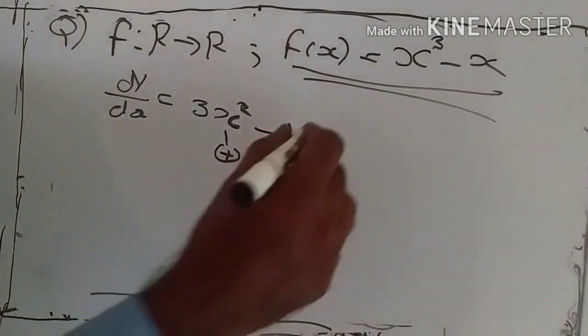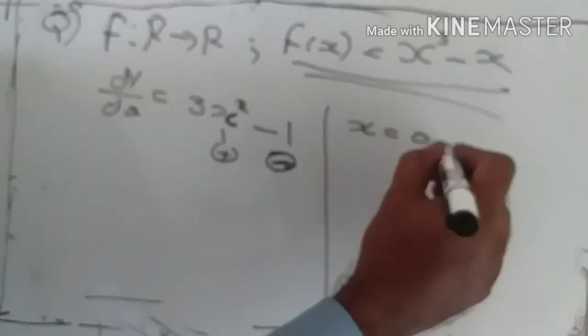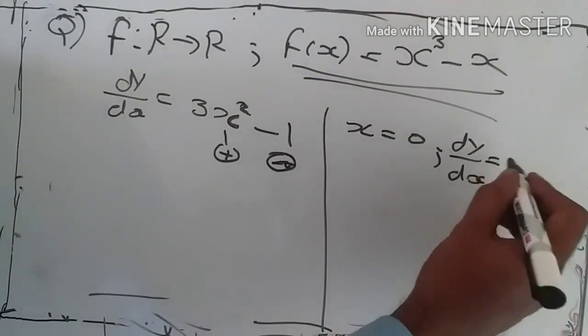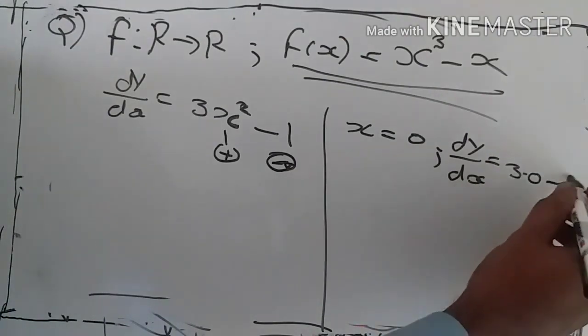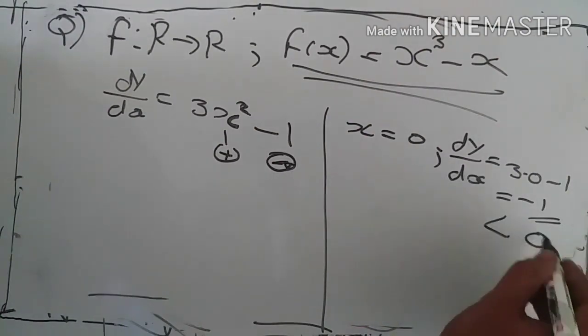For x equal to 0, dy by dx is equal to 3 into 0 minus 1, that is minus 1, which is less than 0.